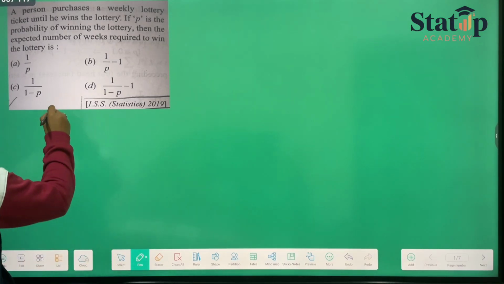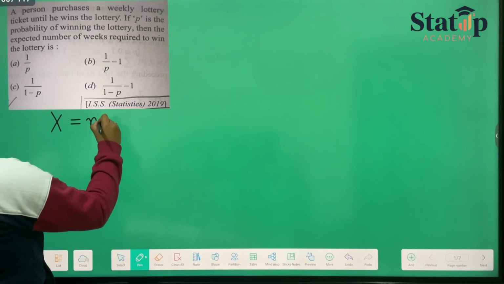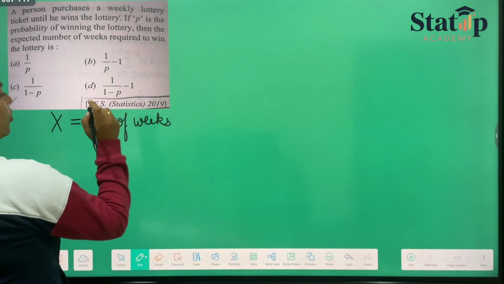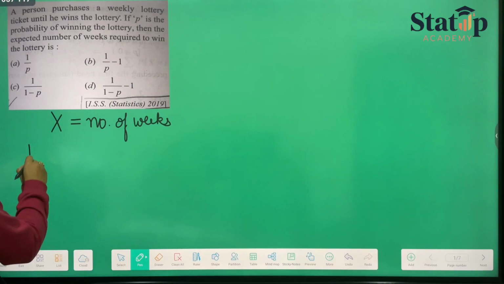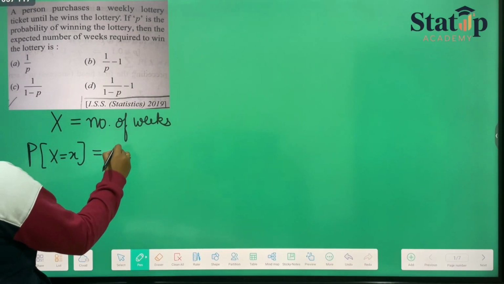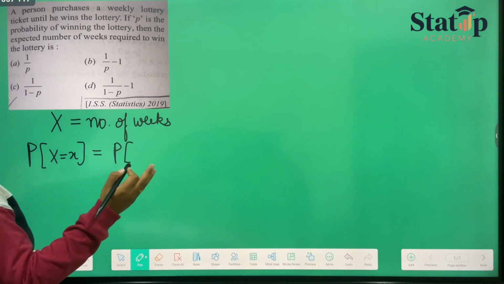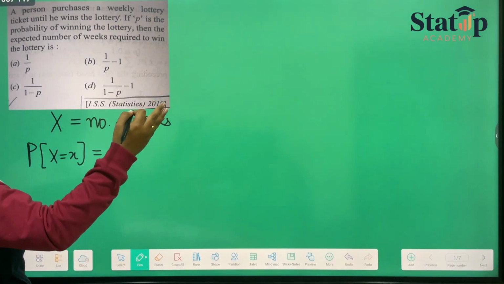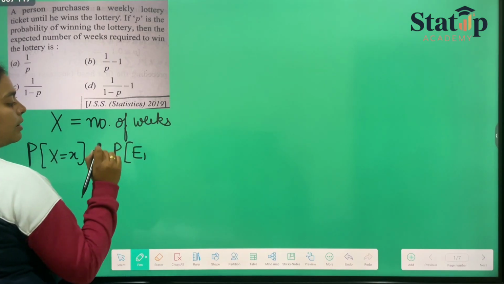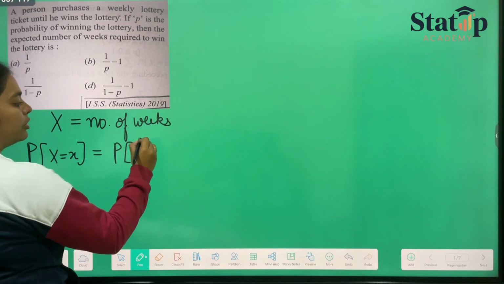Here we will see that let X be the number of weeks required to win the lottery. Now the probability that X equals x is nothing but the probability that it did not win the lottery up till the xth point. It did not win the first time, so I will put a dash.